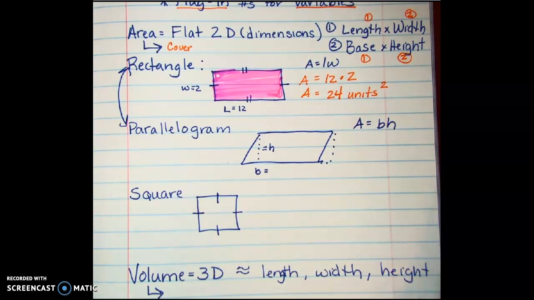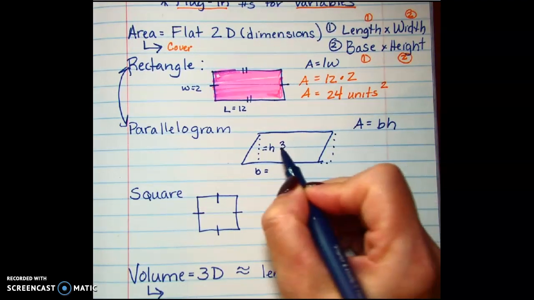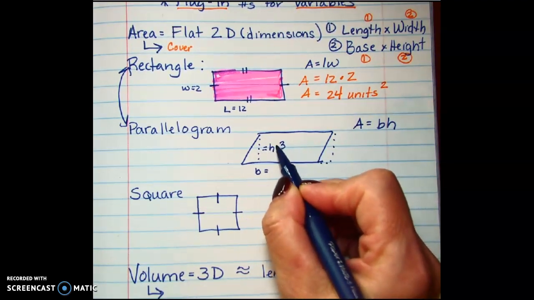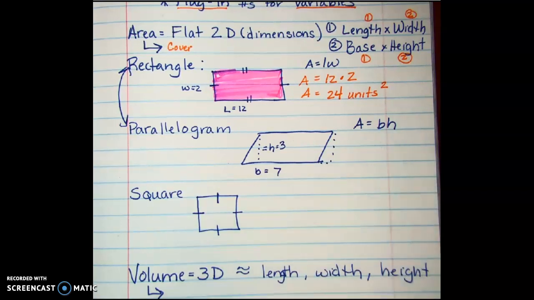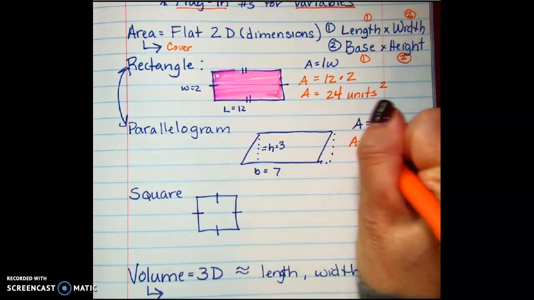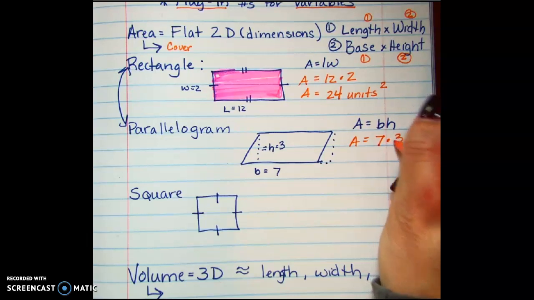So if I have a height of 3, and let's put an equal sign, and a base of 7, I can just plug in my numbers. So I end up with area equals, my base is 7 and my height is 3.